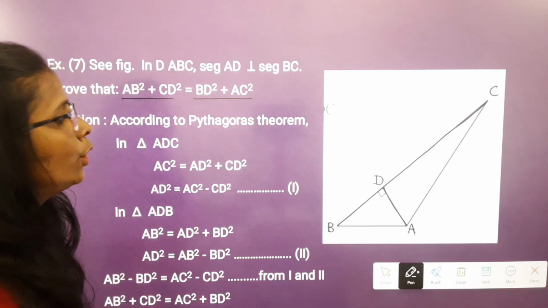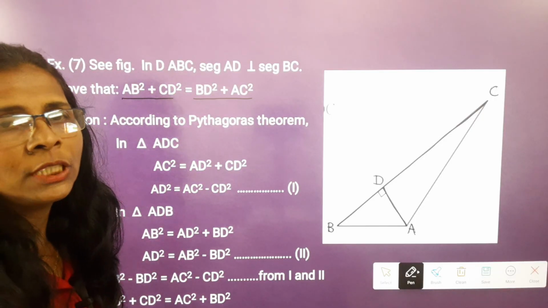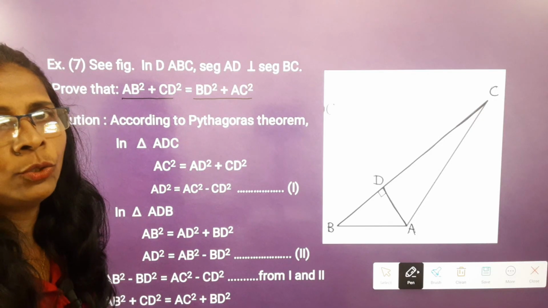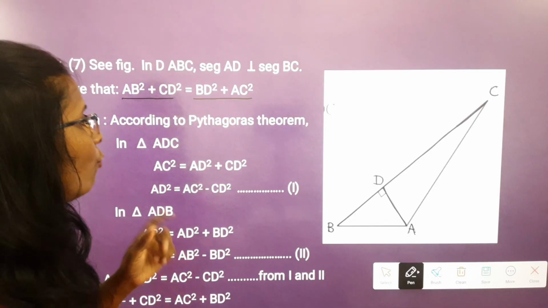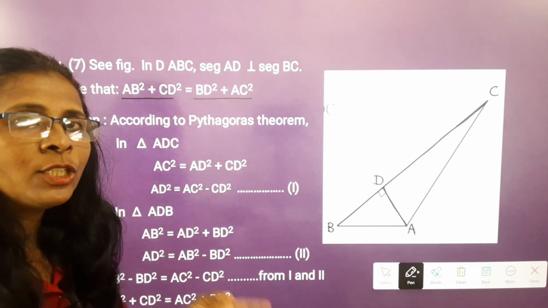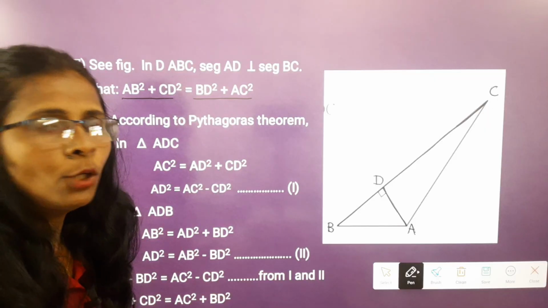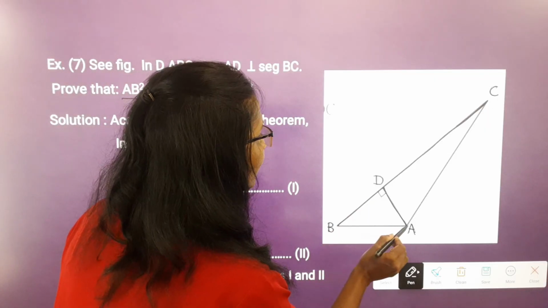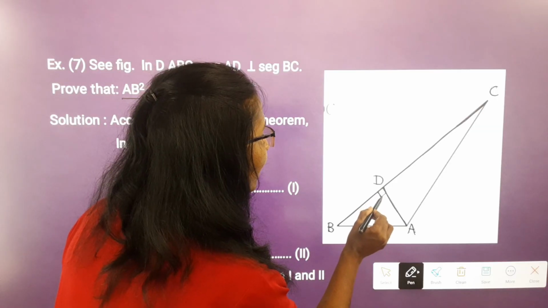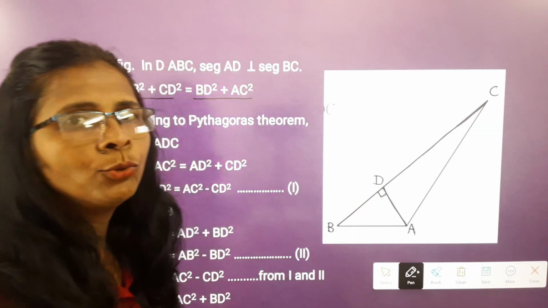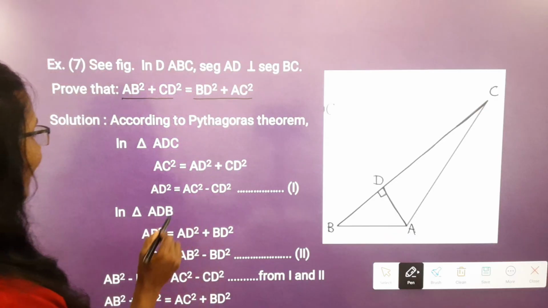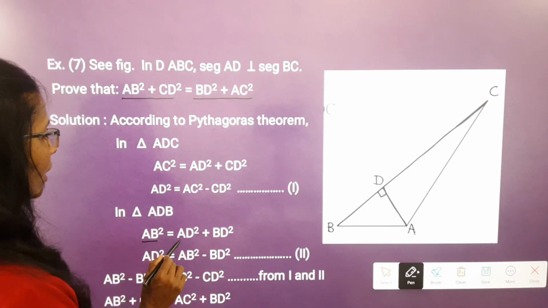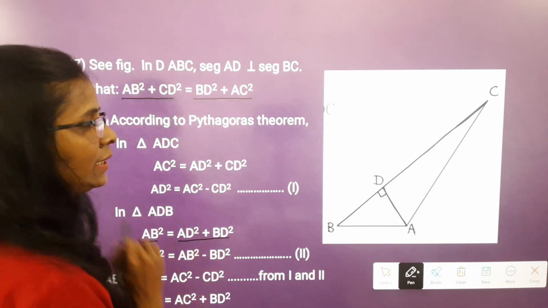Now here we can use the Pythagoras theorem because we have two right angle triangles. In triangle ADB, which is a right angle triangle, we can use the Pythagoras theorem, that is AB square is equal to AD square plus BD square.